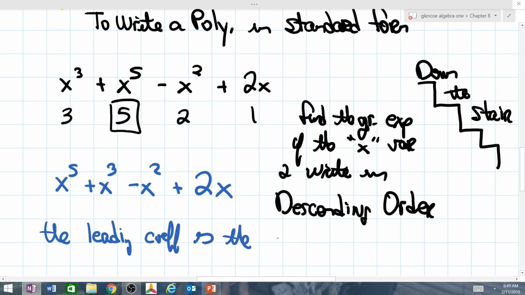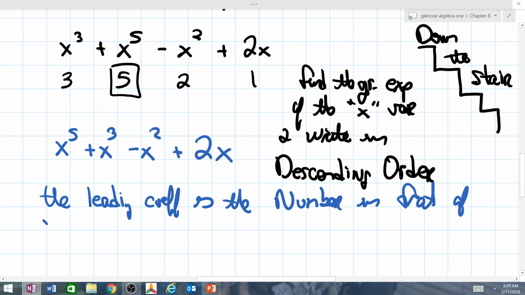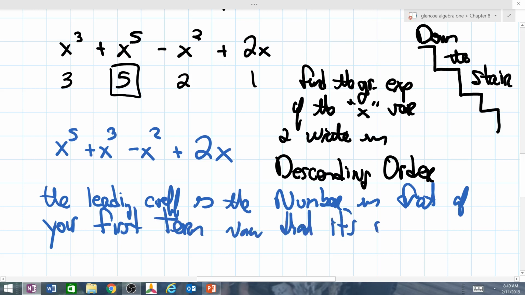Is the number in front of your first term, now that it's written in descending order.